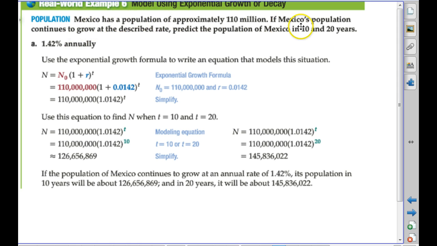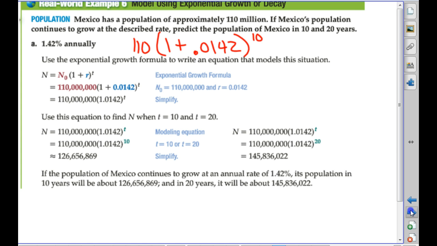This is a question about the population growing annually, and it wants two different amounts, how long, for 10 years or 20 years. Again, it would be 1 plus 1.42% annually, which would be 0.0142, okay? And it said there was originally 110 million people, and if we wanted 10 years or 20 years, we'd put that in the exponent. That's how they got those answers.